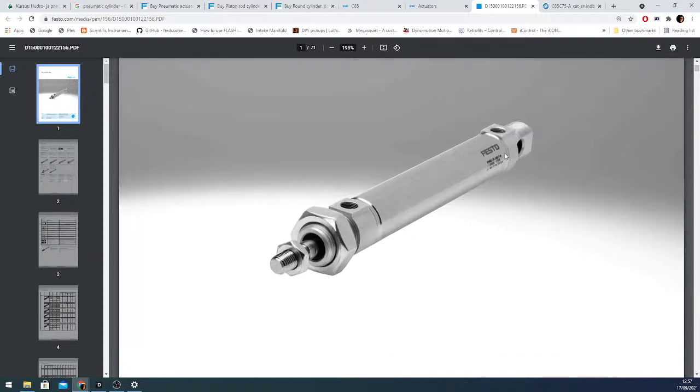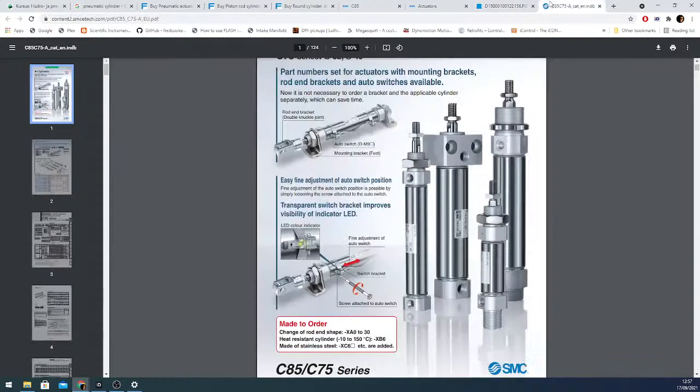And that's the reason why they were called ISO cylinders on the SMC page, because there are some ISO standards that give us the instructions of what kind of cylinders are the standard cylinders that basically every cylinder producer should make. And the standards basically are for the shape and for the size of the cylinder.